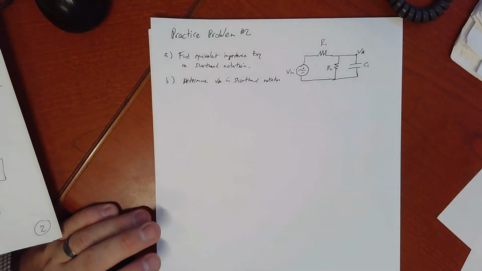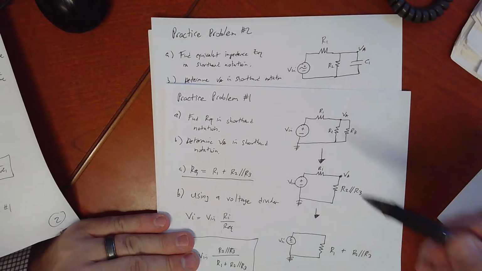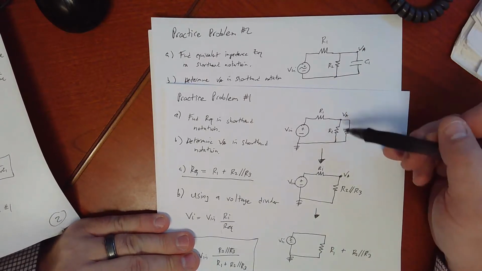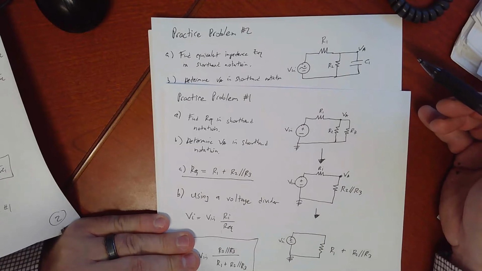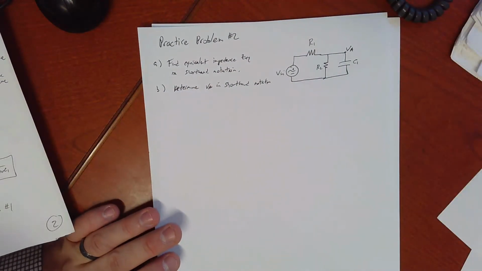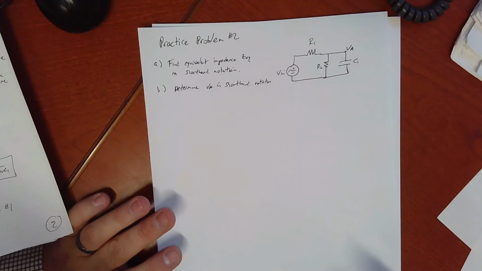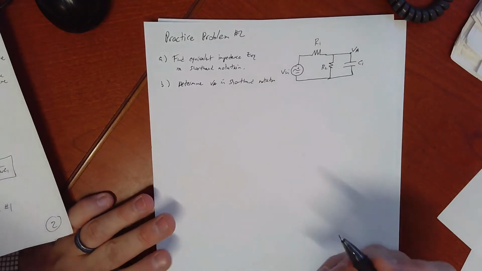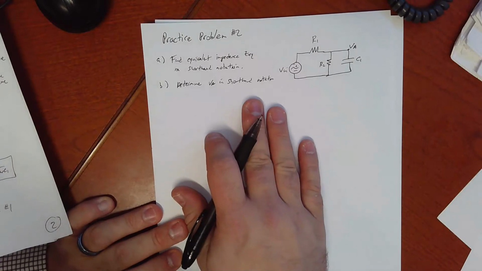Where again, if we look at these circuits, what you'll see is these look almost identical, where only R3 has now been replaced with a capacitor. Well, let's think about this for a minute. What did we learn in class? If we see a capacitor, we should use phasors to move our circuit from the time domain to the frequency domain.